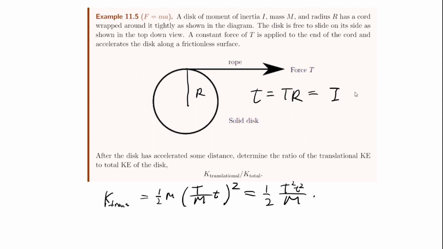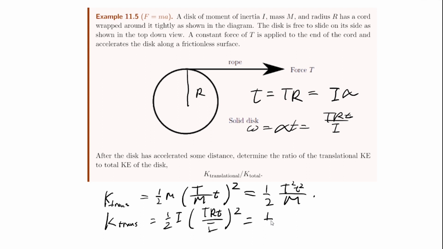So alpha is equal to Tr over I. After some time t, the angular velocity is going to be Trt over I. Then the rotational kinetic energy is going to be 1/2 I omega squared, which is 1/2 I times Trt over I squared, which is equal to 1/2 T squared little t squared r squared over I. Here we can see some of the analogies: m to inertia, and T to T times r, which is torque.